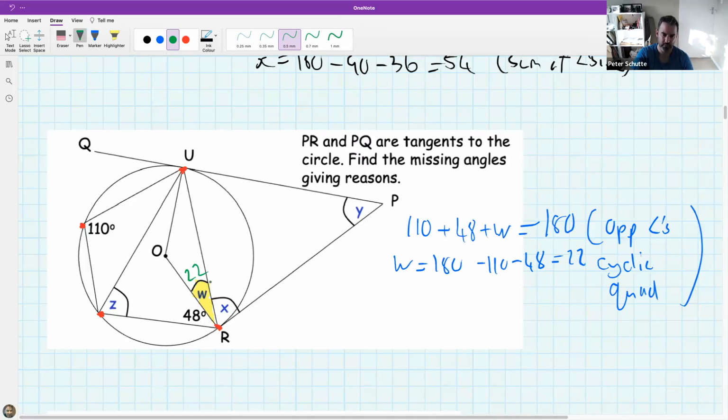So this is going to be 22. Which one do you think we should do next if we know what W is? Which one would be the next easiest? I think X is the next easiest one, yeah.